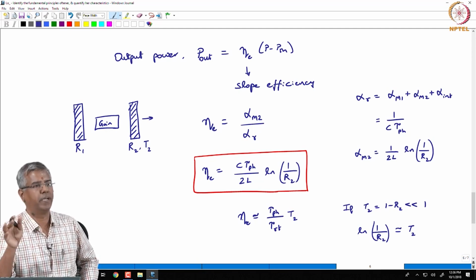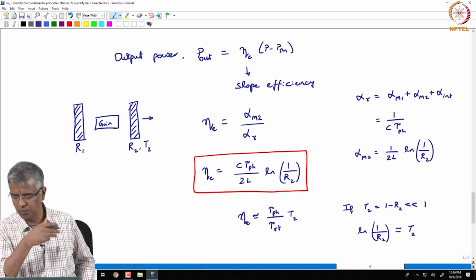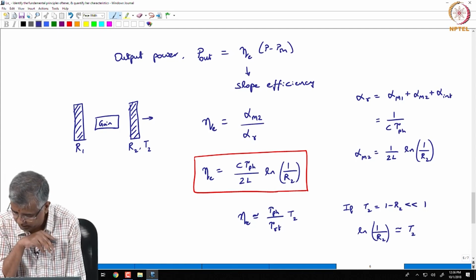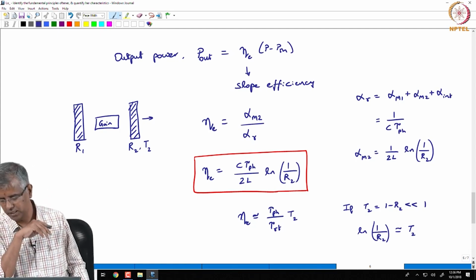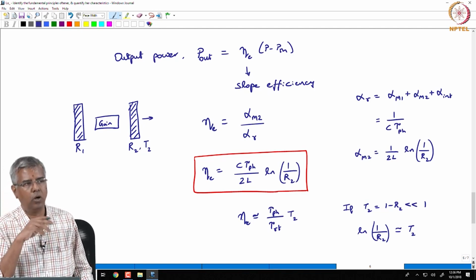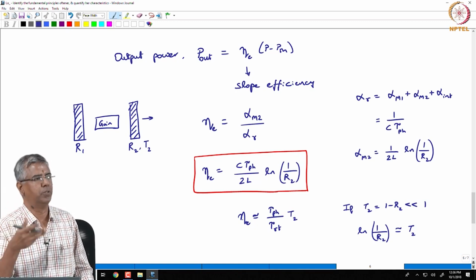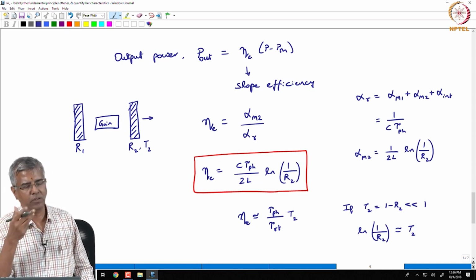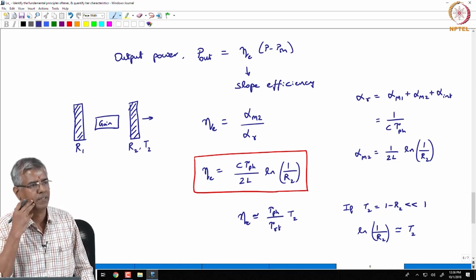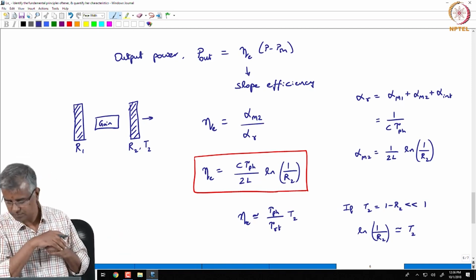Forget about that, but beyond that threshold, if you want to convert pump photons to signal photons with higher efficiency, I need to have a long photon lifetime. A long photon lifetime will allow me to keep multiplying the signal photons within the cavity.